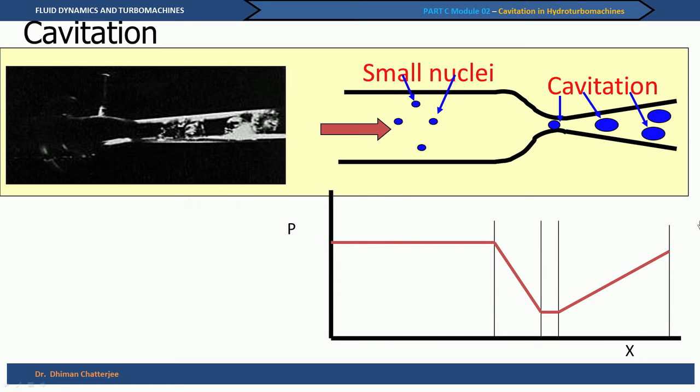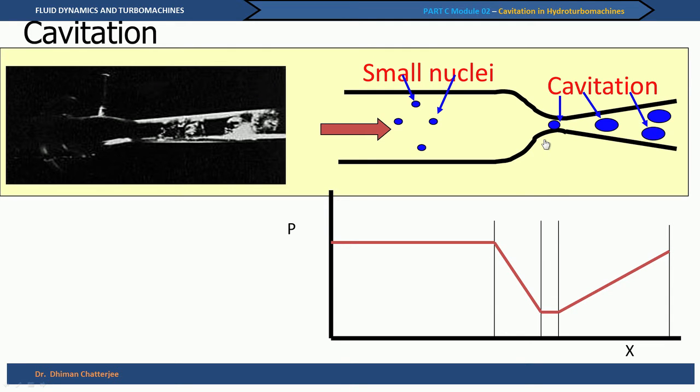If we try to draw the pressure variation, assuming even an idealized condition, along the flow direction, that is P versus x, we see that in the contraction region the velocity will increase and hence pressure reduces. This is the throat where the pressure is minimum, and finally, the pressure recovers.